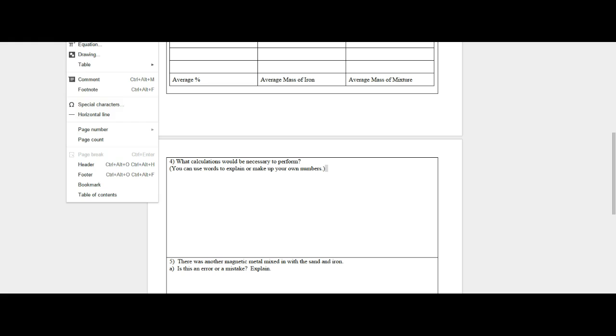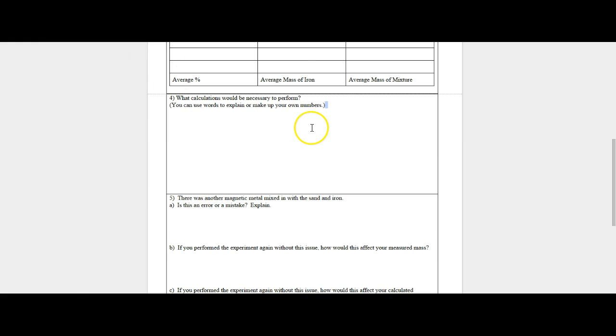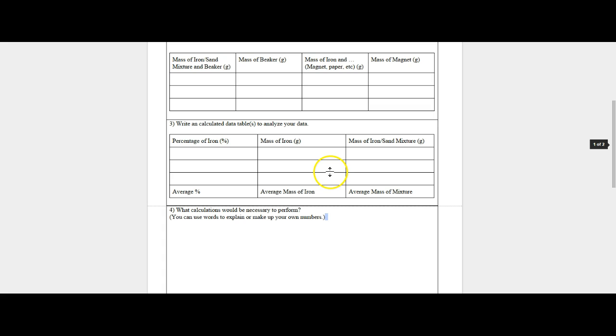So now let's go down here. I'll complete how you would have done the calculations based off of these things. I would have done mass of mixture and beaker minus mass of beaker equals mass of mixture.